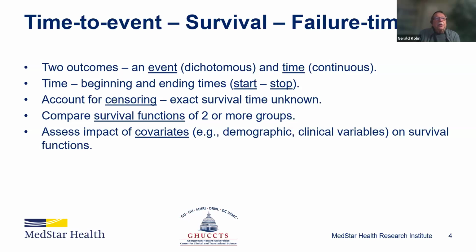And essentially what we want to do then is we want to compare the survival functions of two or more, say, treatment groups or therapy groups. And then typically, in most trials, we want to assess the impact of covariates, demographic and clinical variables on the survival functions. And this is why the Cox model is used most often in these analyses.